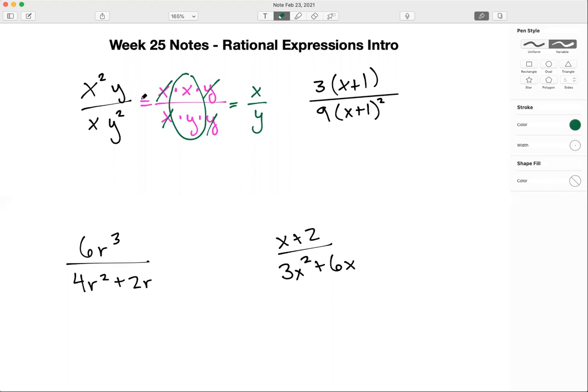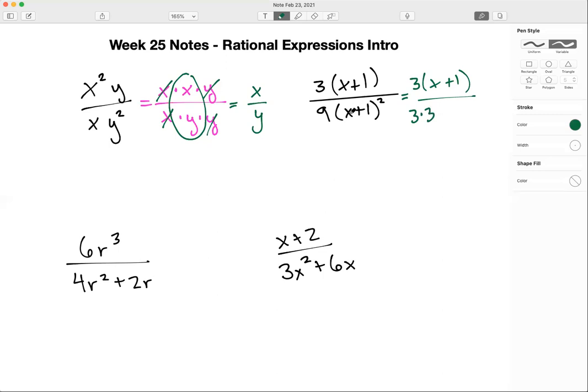All right, how about another one? Sometimes your factors that you can cancel on top and bottom, these are factors, by the way, things you multiply together are factors. Sometimes they look like this, where they are a binomial, okay? So let's rewrite this one, kind of similar to the way we did the first one. I'm going to write this 9 as a 3 times 3.